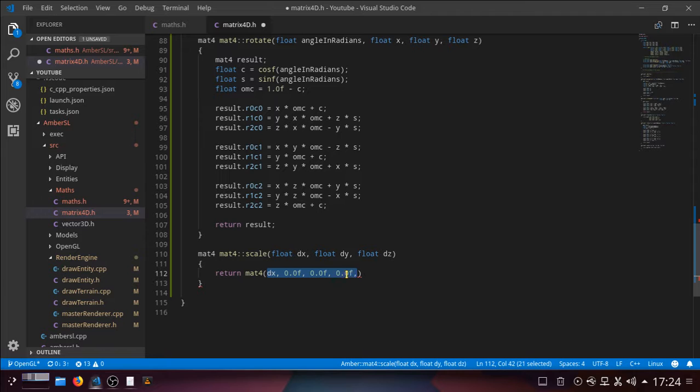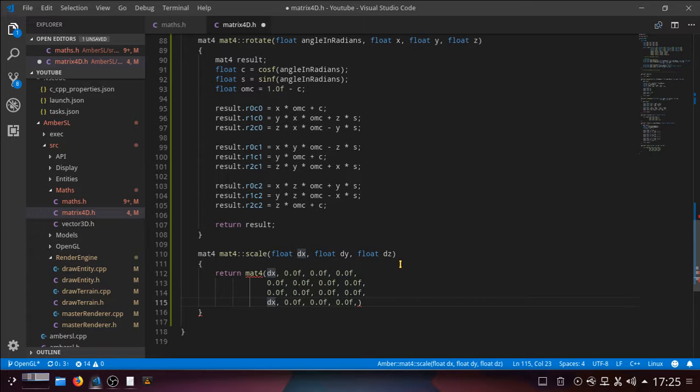Copy that to there, to there, to there. Dx becomes 0.0f. You can already see what I'm doing.